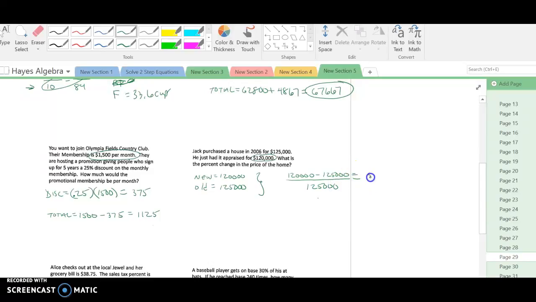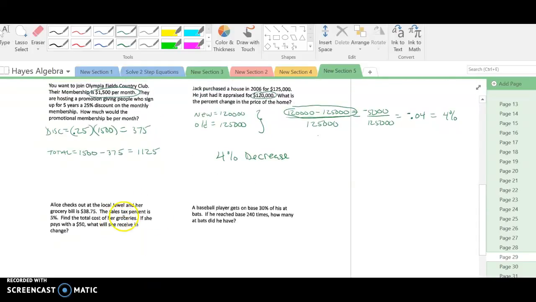When you do that, you get negative $5,000, and all that tells you is there was a percent decrease. And you're going to divide that by the $125,000. So when you subtract up top and you get this negative $5,000, you're just going to take that and divide it by the original amount. When you divide that, you get 0.04, technically negative 0.04. But when we summarize our answer, we say 0.04 as a percent is 4%. So we say it's a 4% decrease. Okay.